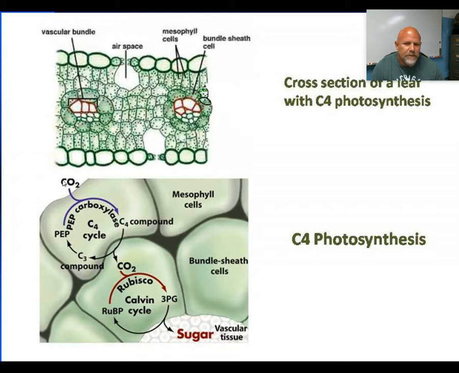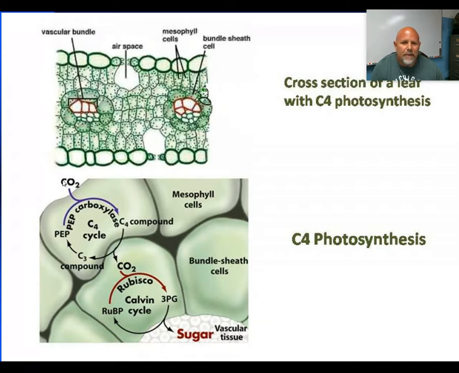In this particular situation, we have another enzyme. It's called Pepsi, kind of like the pop, except PEPC. It's PEP carboxylase, and it has no affinity for oxygen. It only attracts carbon dioxide.